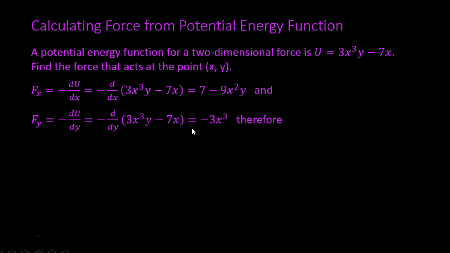We're left with the y component force being negative 3x cubed. Therefore, we can write the two-dimensional force in unit vector notation: (7 minus 9x squared y) times i minus 3x cubed times j. Now, if we were given a specific value for x and y, we could plug those in, and that would give us our force in unit vector notation.